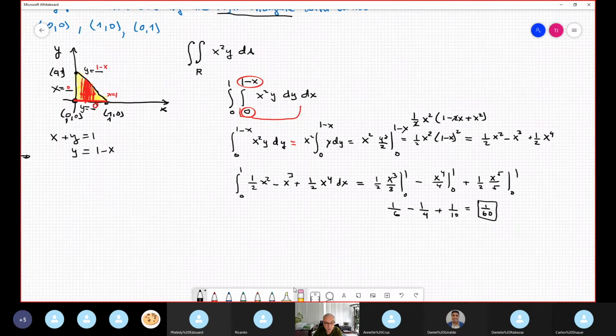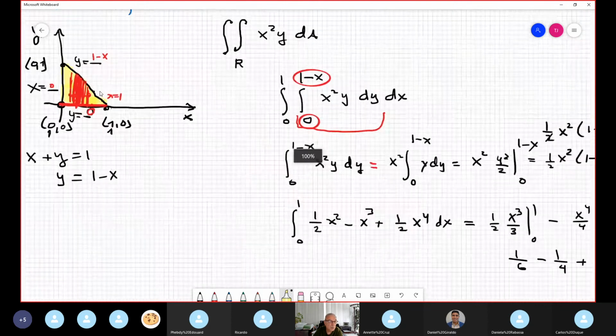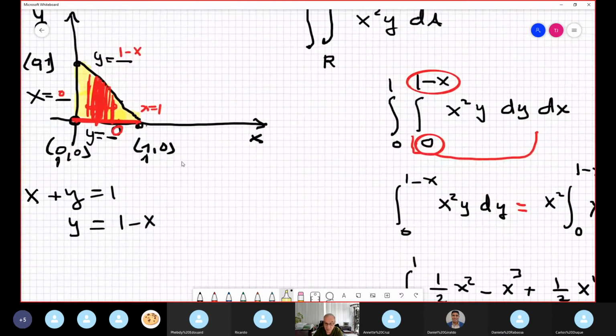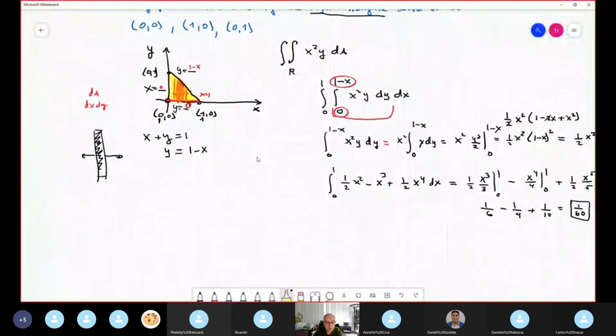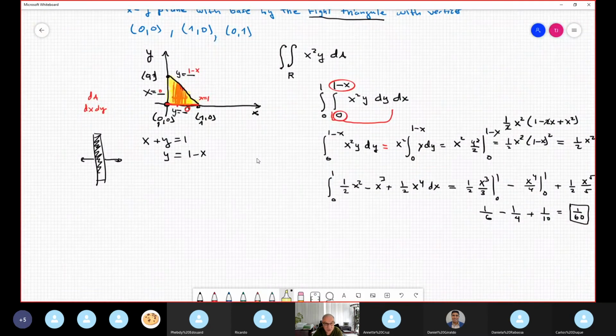Suppose, professor, I want to change the order of the integration. And what is the reason, professor, that you emphasize changing the order of the integration so much? Because you see today in some examples that sometimes it's very, very convenient to change the order of the integration.